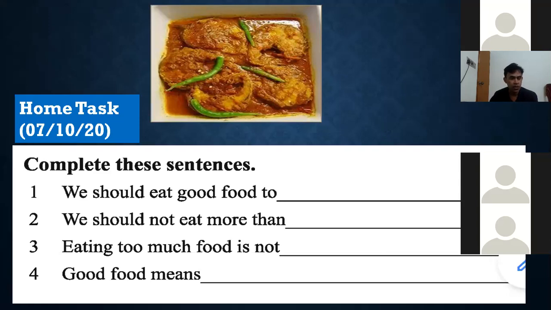Number third one, eating too much is not dash. Number 4, good food. Here students, you have to write the answer on your exercise book being home tasks. Home task means homework.